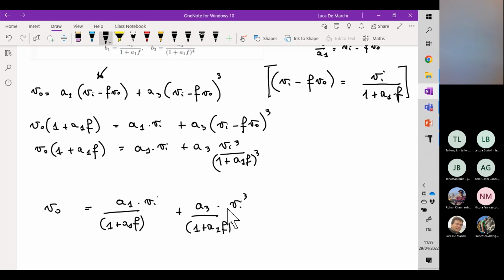How does it work in practice? Let's suppose that we have the necessity to achieve stability with a unitary feedback loop. Okay, so the most complex situation.